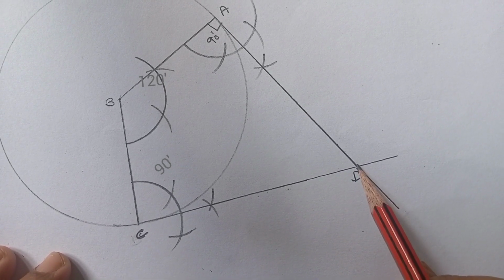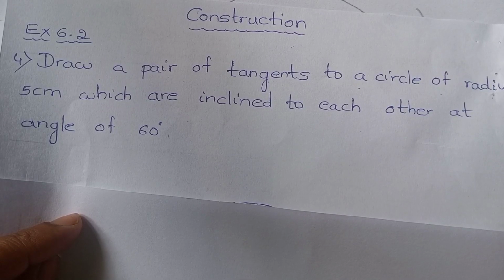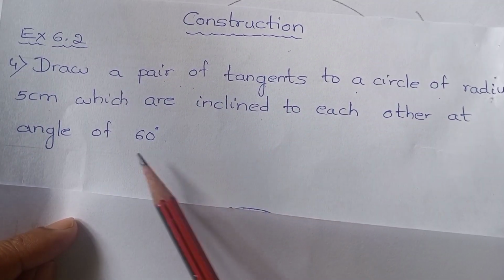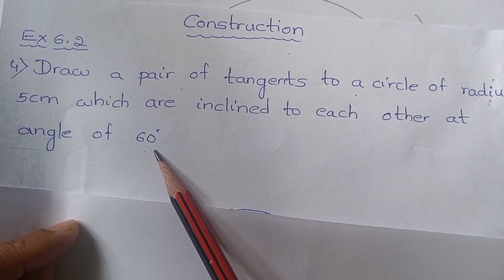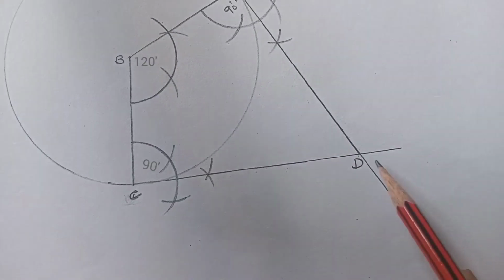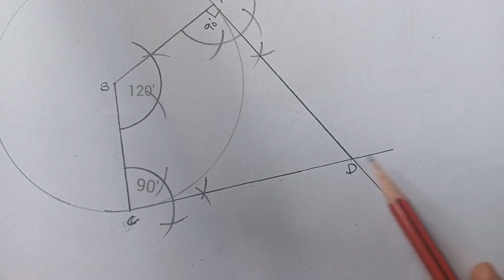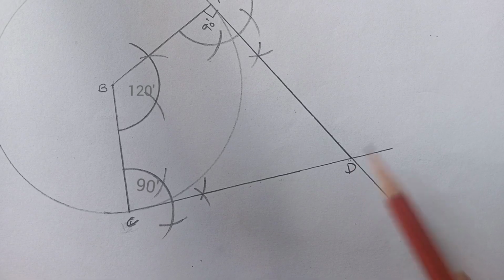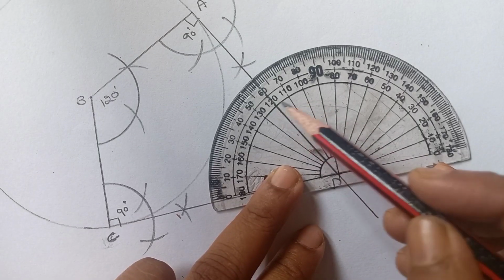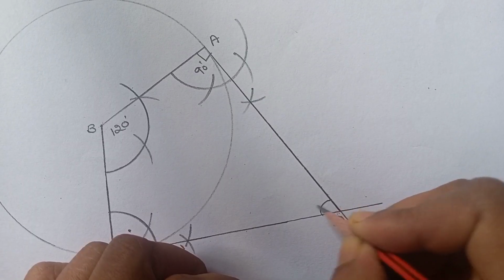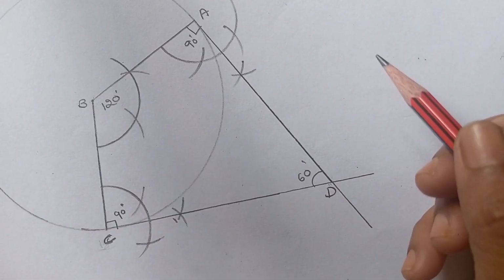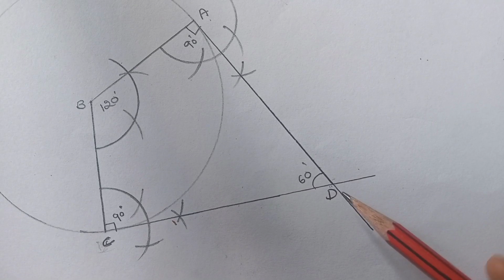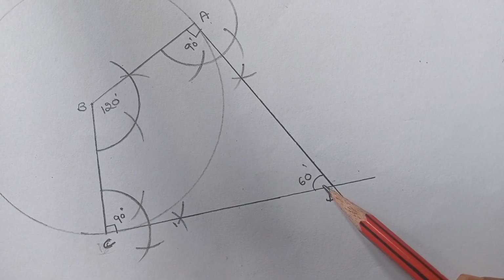At the point D. In the question, they told us the two tangents are inclined to each other at the angle of 60 degree. So this angle is 60 degree. You can verify this by using the protractor. You can see that it is 60 degree. The tangents AD and CD are inclined at 60 degree, right?